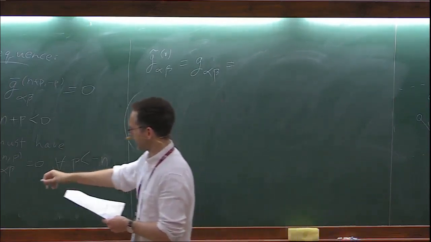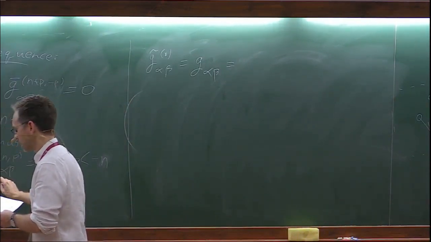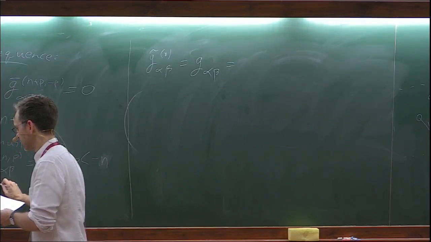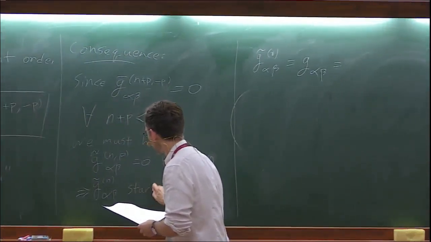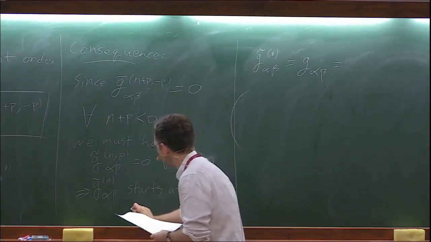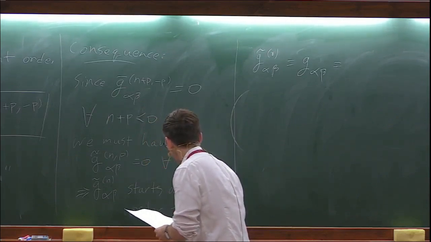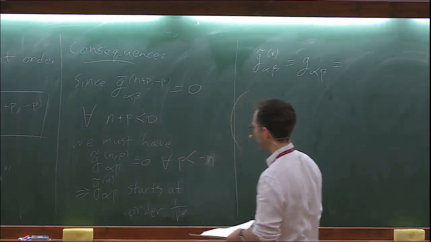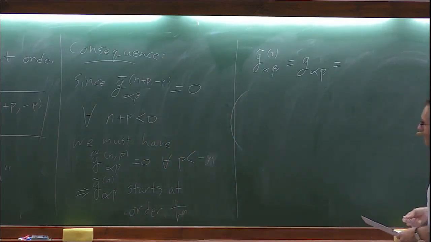So let me state this more clearly. G tilde n alpha beta starts at order 1 over r to the n. So you can't have 1 over r to the n plus 1 or 1 over r to the n plus 2 or anything like that.